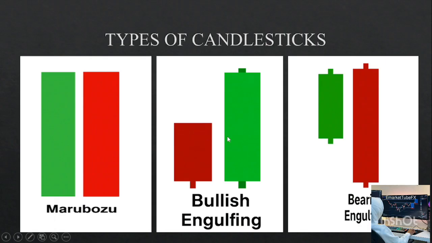But let's look at something here. You will see that this candlestick is bigger than this one. This one has engulfed this one. This candlestick has overpowered this candle. So if you are in the market and you are trading as a trader, you see price trying to push down.